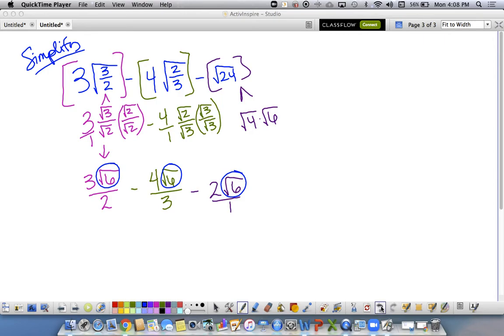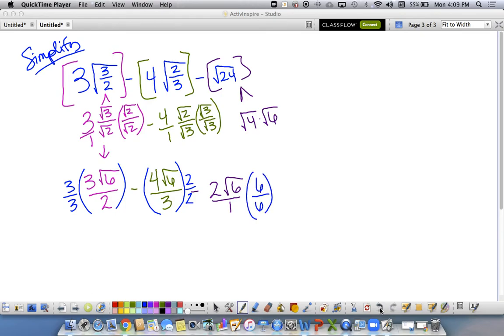So I'm going to erase my circles. So, common denominators. What would be my common denominator between 2, 3, and 1? Yep, it is 6. So I want to multiply the 2 by 3 over 3, the 3 by 2 over 2, and the 1 by 6 over 6. So now my denominator will become 6 under all of these.